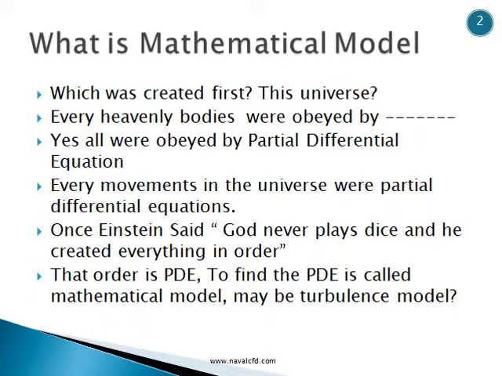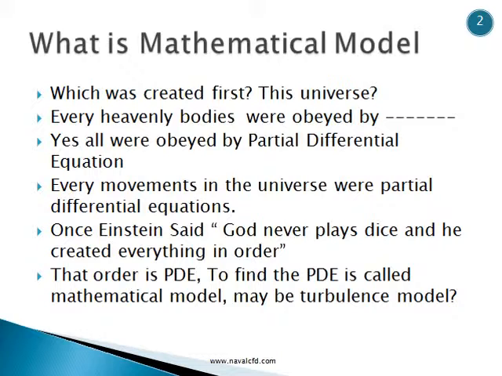Okay, in this slide we will see what is a mathematical model. Okay, so I'll just ask one question. Which was created first, the universe? See, if the universe was created first, then every heavenly body was obeying what? Some people may say it is God Almighty or some kind of supreme power.